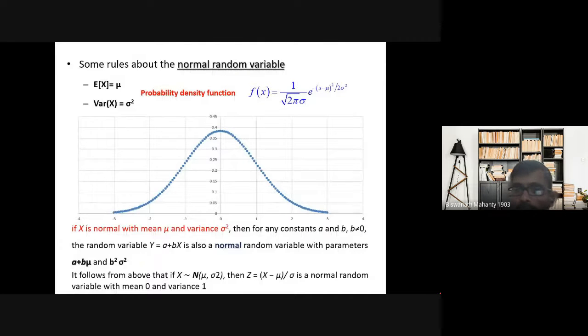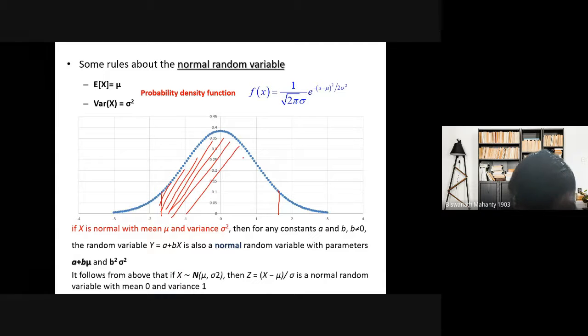For example, I want to take some 90% area, the mid area. You need not worry, this calculation is always available from the table. So for example, this is 95% area.